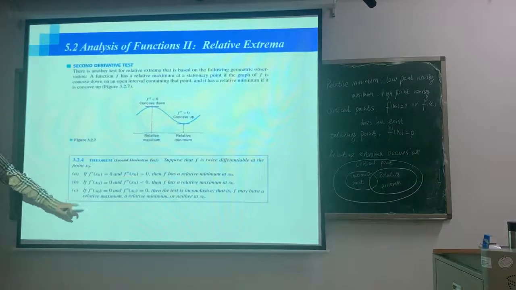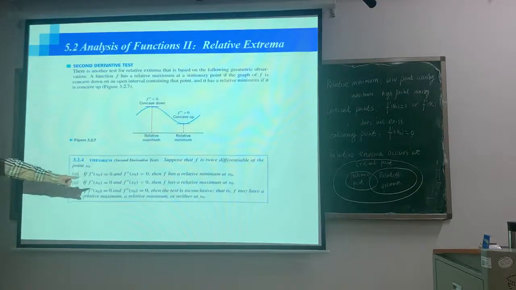If f prime equal to 0 and f double prime less than 0, this case is a relative maximum. This is the second derivative test.